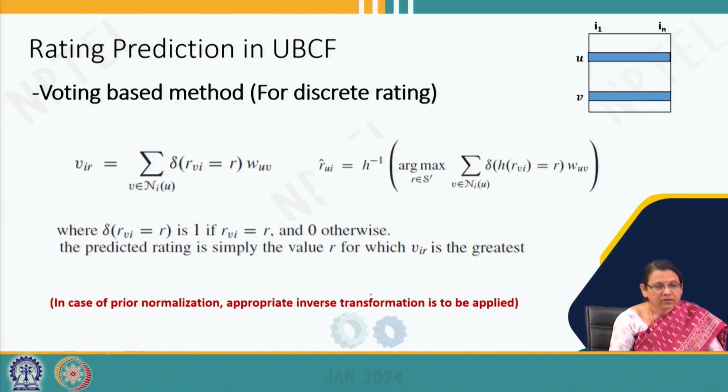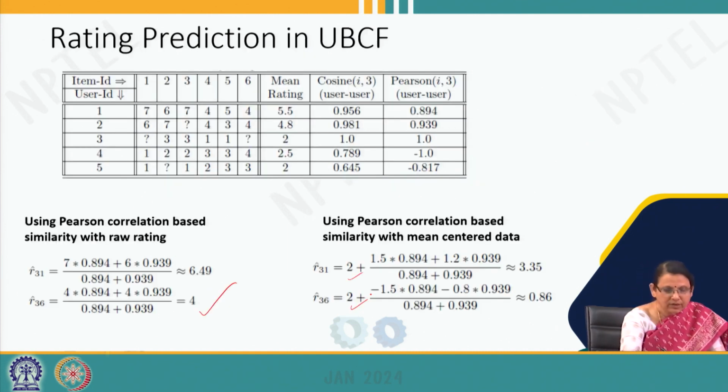Now comes a different way of predicting the rating. This is through a voting mechanism. Look at this: in both these cases your rating was not in the scale in which the data is there. What was the scale in the data?